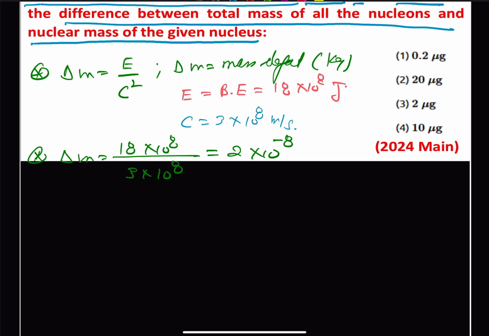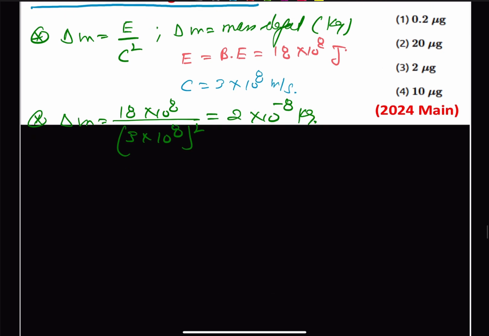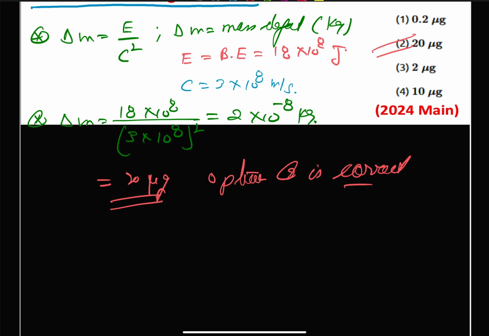One second, it is C square here. 2 into 10 to the power minus 8 kg, or we can write this as 20 microgram. Option 2 is correct. Next question.